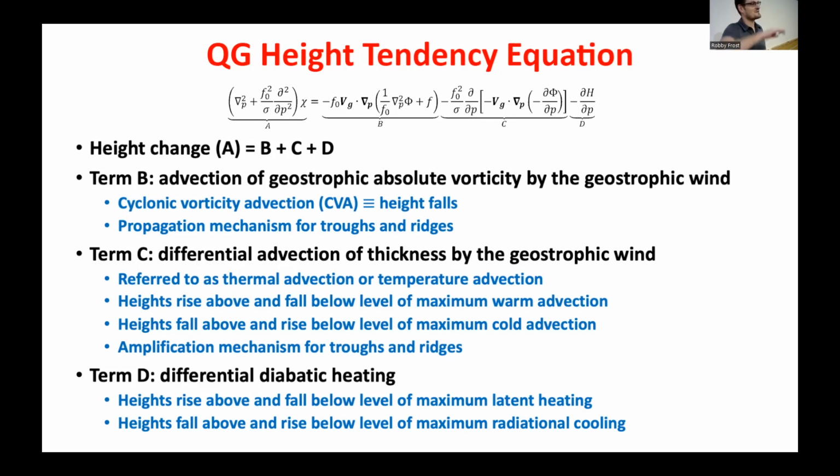If you square a sine function, or take the second derivative of a trigonometric function, you actually get the inverse, a negative of that. So really, all we're doing is treating that as a giant negative sign. And then the Greek letter chi is our height change. That's the field we're looking for: the change in geopotential height with time. It's just the Greek letter chi, a funny X.